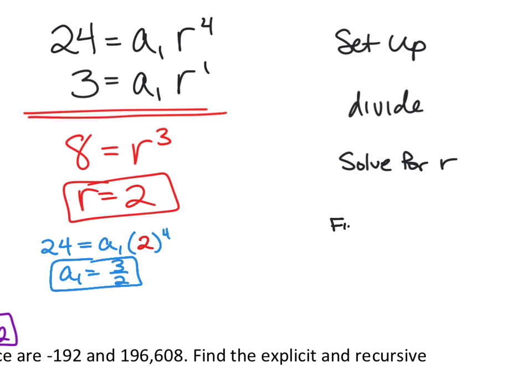Sorry, I didn't write down what we did here. Find a sub 1. If I start with the explicit formula, again, looking at the formula that was given to me, the formula says a sub n is equal to the first term times the common ratio to the n minus 1 power.